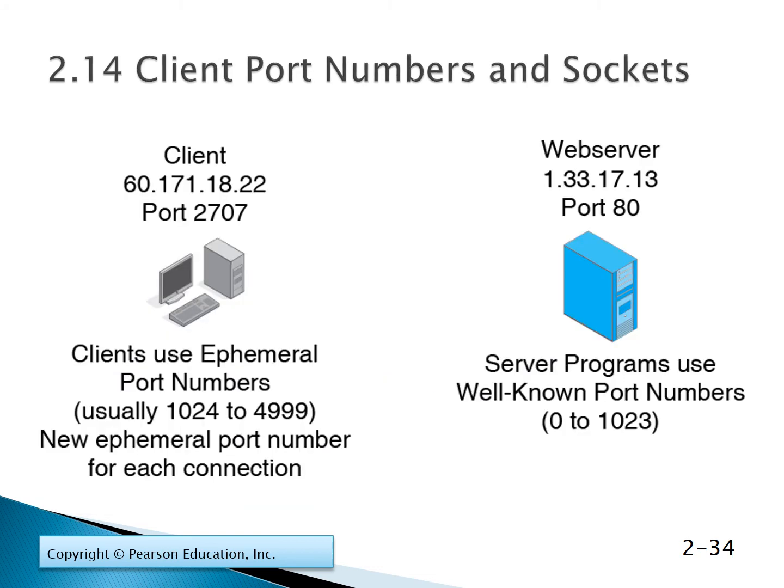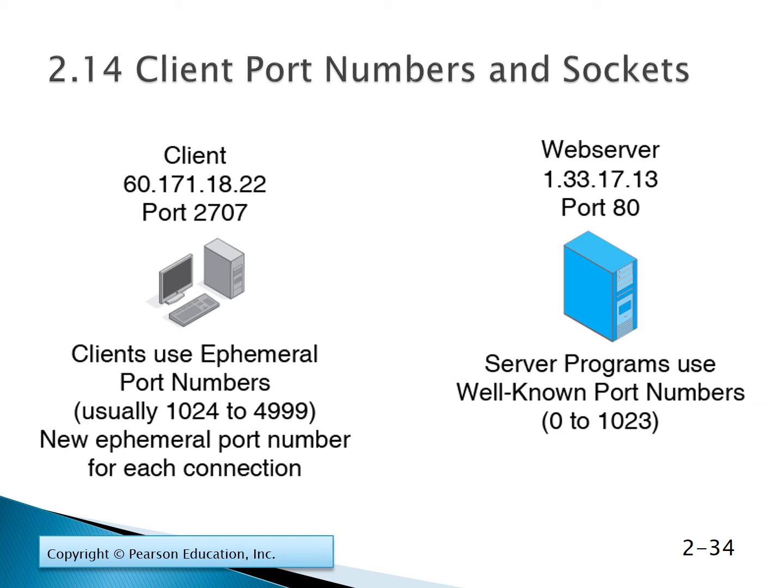For the client, we use ephemeral port numbers, which means temporary port numbers. Usually they are in the range of 1024 to 4999. A new ephemeral port number is used for each connection. When you try to connect to the web, the client does not use port 80, because that's for incoming traffic.